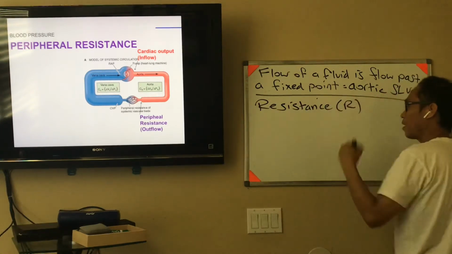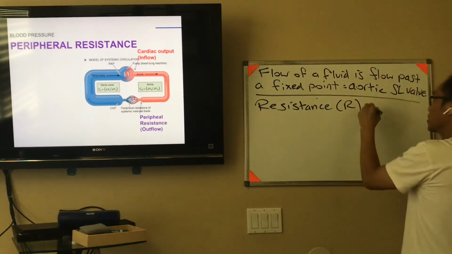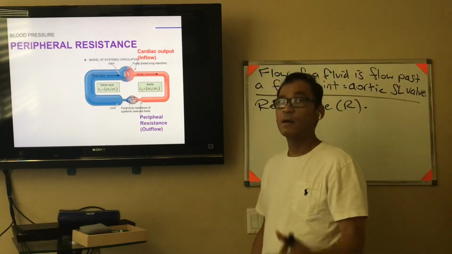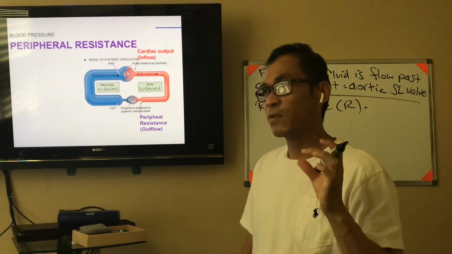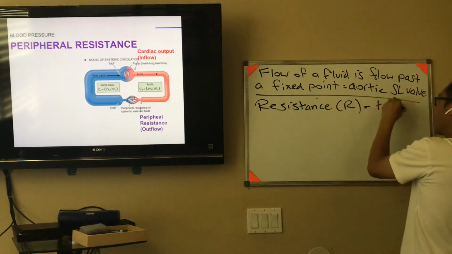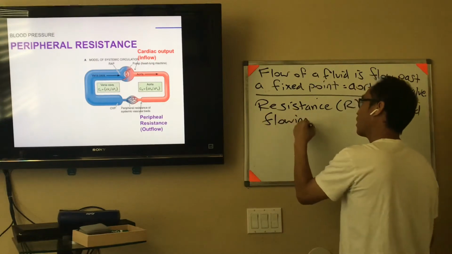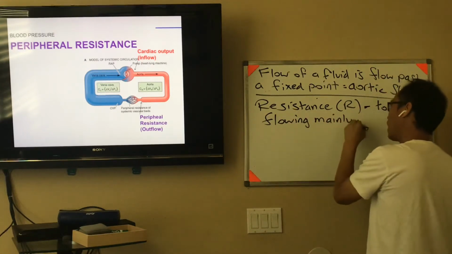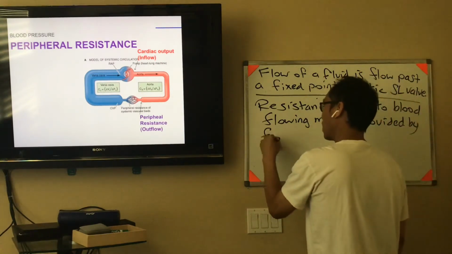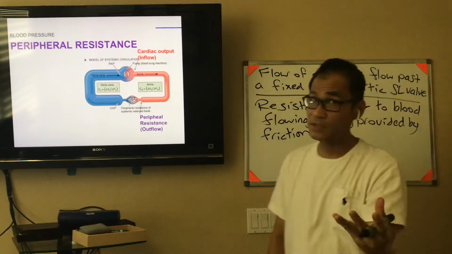Sometimes I just usually call it a capital R, or PR if it's peripheral resistance. And it's just resistance, anything that provides resistance to blood flowing. The main thing that provides resistance to blood flowing is friction against the vessel wall, because blood flows in vessels, as you well know.